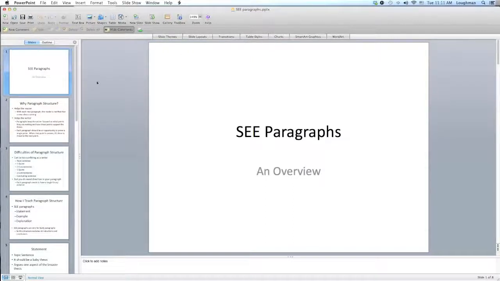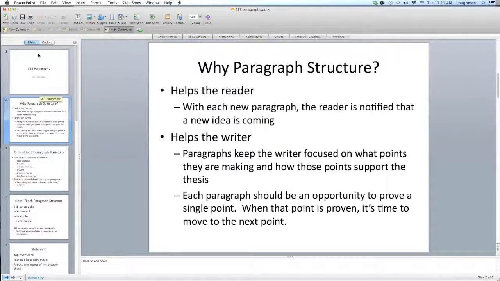A good place to start is why do we even care about paragraph structure? Why does it matter? It helps the reader. Everything we do when it comes to writing and writing structure, it's not done because your teacher wants to make life harder on you.